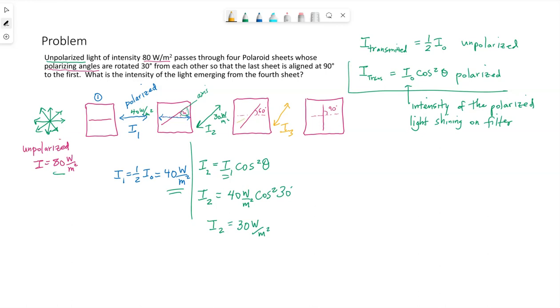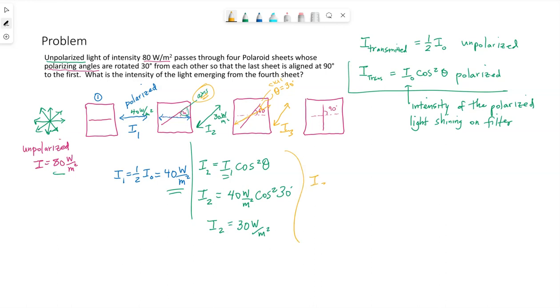What we want, though, is the angle between the light and the filter. So theta in here is 30 degrees. The light is polarized with this axis, so the angle between this axis and this new axis is 30 degrees.